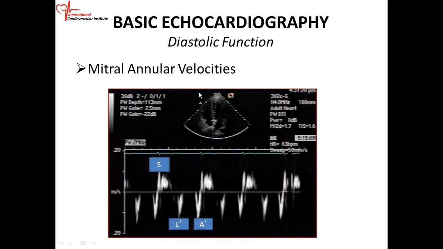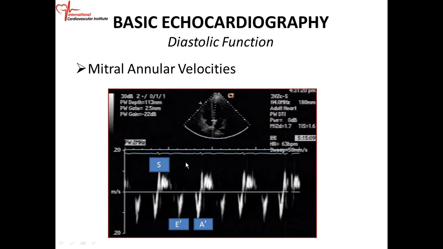So your two-dimensional echo is on top. Your cursor is here, and we put the sample volume at the medial mitral annulus, and also at the lateral mitral annulus. Different machines have different ways of doing it, but if you have tissue Doppler imaging (TDI), you press that, and you get your tissue Doppler imaging on the bottom.